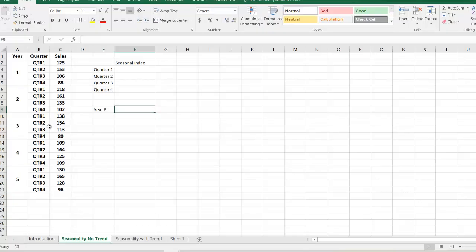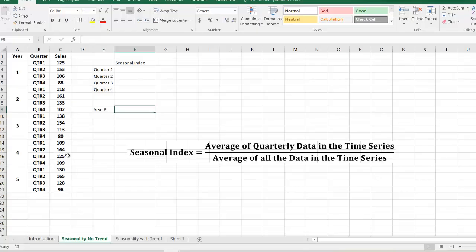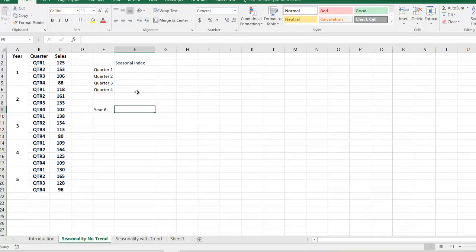The seasonal index is given by the formula SI is equal to the average of the quarterly data of the time series divided by the average of all the data in the time series. The seasonality aspect of the time series is captured through the seasonality index. So we're going to produce a seasonal index for every quarter and then make use of these indices to make the forecast on the 6th year.